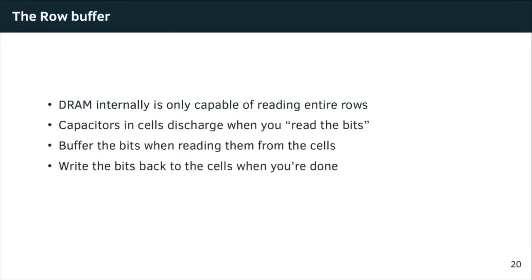Also, capacitors in cells discharge when you read the bits. If you take a capacitor and put a voltmeter on it, if the capacitor is charged, you'll see a short spike, and you'll never see anything again. So reading DRAM actually destroys the content of the cells. The solution is, of course, we read the bits out, put them in a buffer, and write them back when we're done. And this is the row buffer. This is why we have it here.